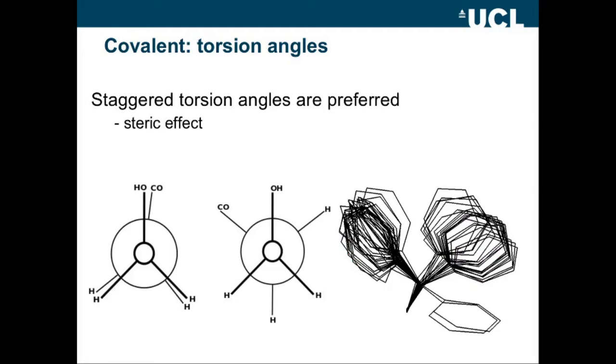because of steric effects. So you've probably seen these so-called Fischer projections before, where the small circle represents an atom close to you, the big circle represents an atom farther away from you, and you can rotate this bond between the 2 atoms.